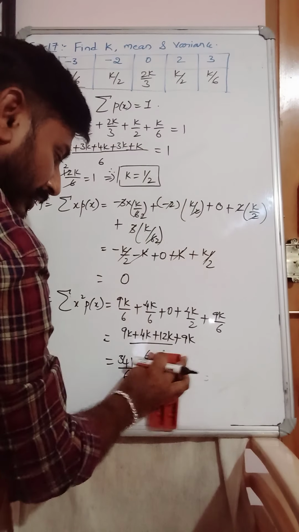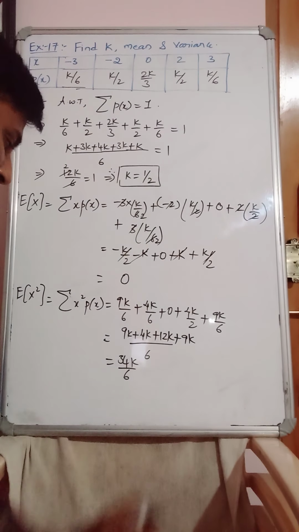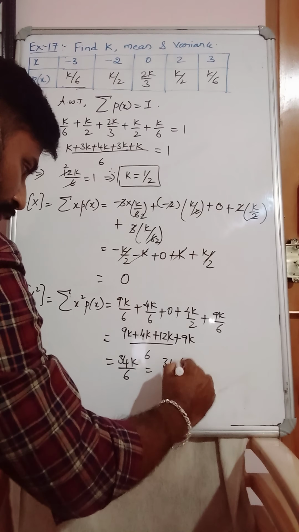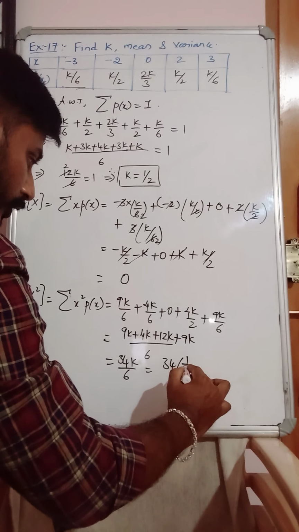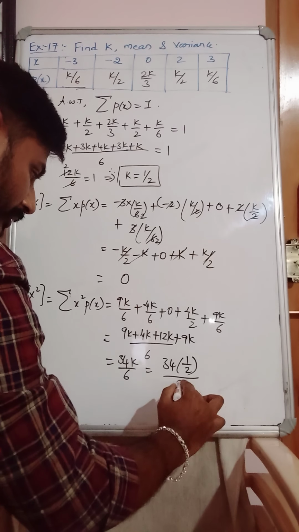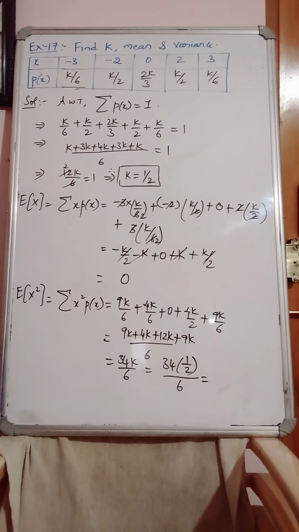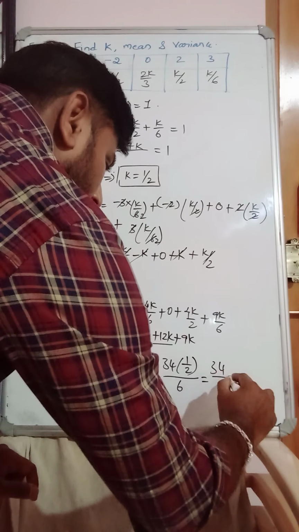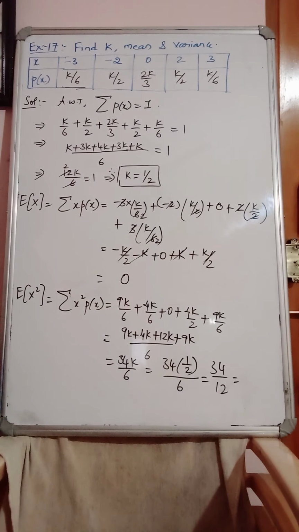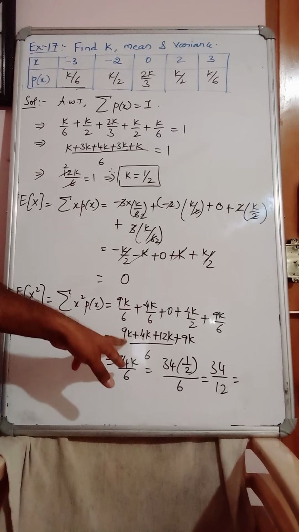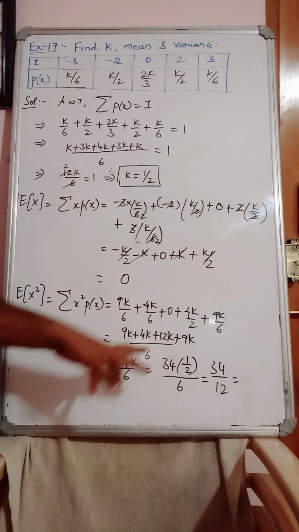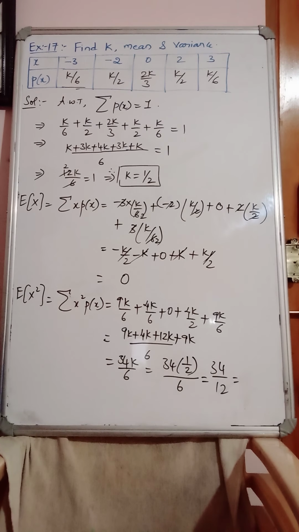Otherwise you can do one more possibility: 34 into 1 by 2 divided by 6. So 34 by 2 it will become, right? 34 by 6 2s are 12. Yes, 34. 34 by 12.